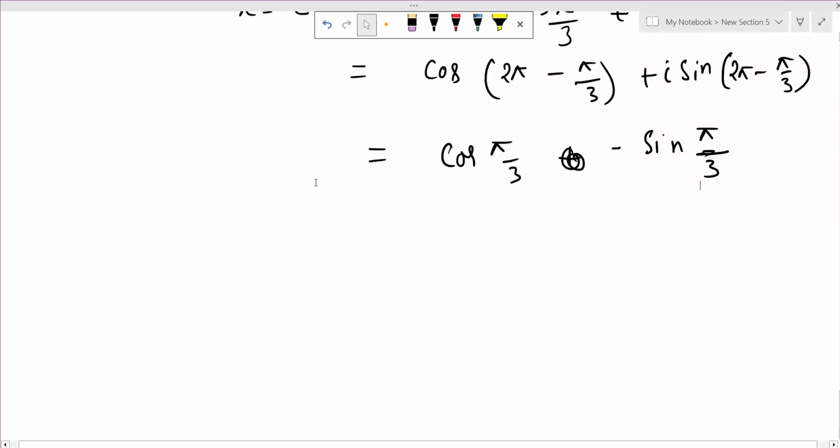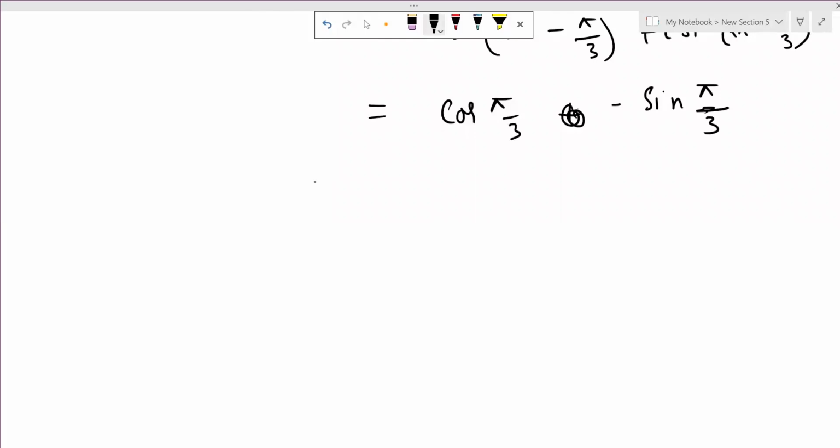Let me do it. Since minus 1 plus or minus iota root 3 by 2 belongs to K, what is the meaning of this?